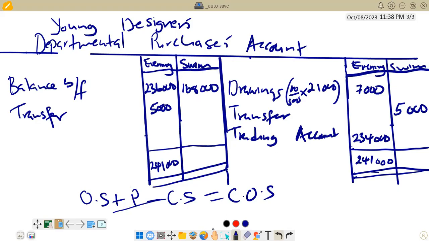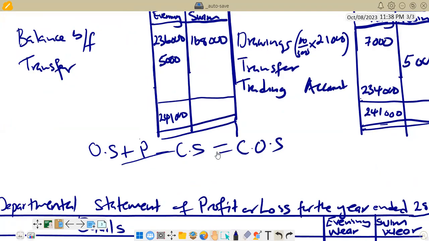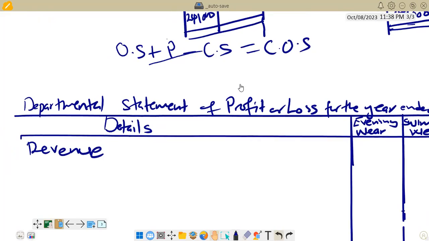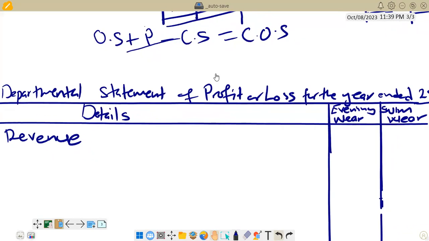Then we now move on to the next item, which is the departmental statement of profit or loss for the year ended 28 February 2021. So we have got the details section, then we have got the department for evening wear, department for swimwear. So we're going to start with revenue.